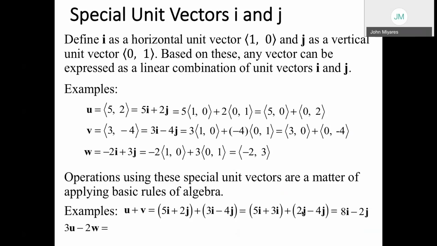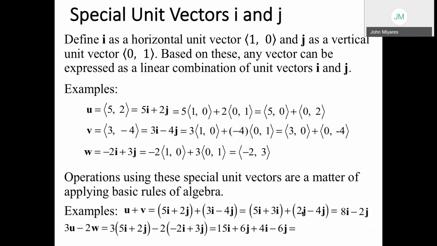Similarly, let's say we wanted to subtract 3u - 2w. Well, 3u would be a matter of multiplying 3 times the vector 5i + 2j. Then the minus 2 times w would be a matter of subtracting 2 times the vector -2i + 3j.